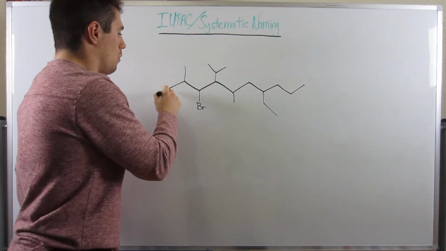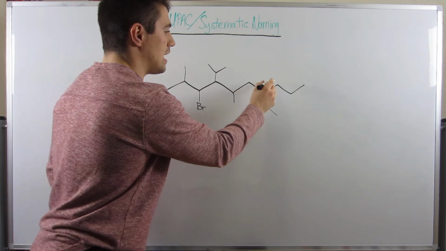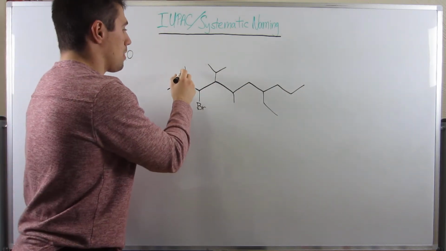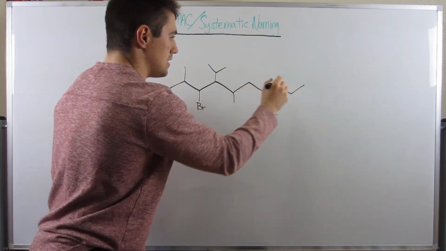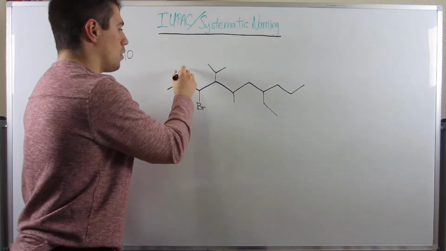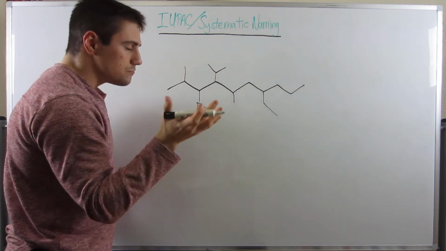So let's go. If we go left to right, we get 1, 2, 3, 4, 5, 6, 7, 8, 9, 10. Okay, so that's a possible path. If you look, going this way and this way is the same, because we have 1 carbon and a branch, 1 carbon and a branch. So 1, 2, 3, 4, 5, 6, 7, 8, 9, 10. These 2 ways are the same, doesn't matter.